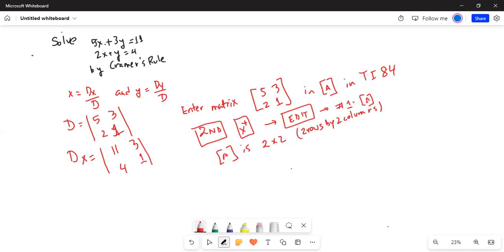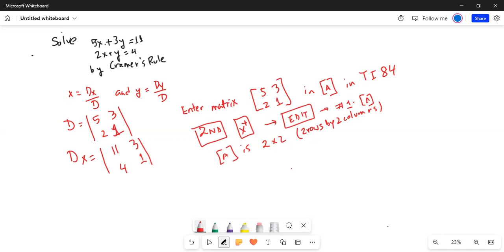Now you're ready to enter the values inside the matrix: 5 and 3 in the first row, and in the second row, 2 and 1.